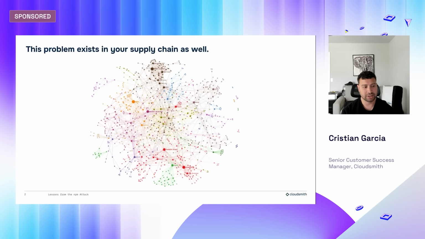So I'd like to show you what this looks like. And when I say this, I mean the transitive dependency graph. This is an actual NPM dependency network that we're looking at right now. And you can see how convoluted it is and how complicated all the interdependencies are between these binaries, between these public packages. This, I think, illustrates really well why this is such a challenge and has been a challenge for quite some time.